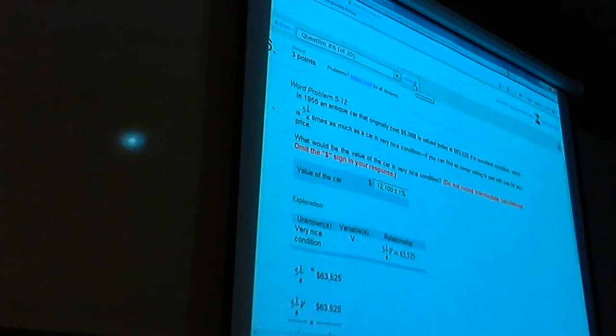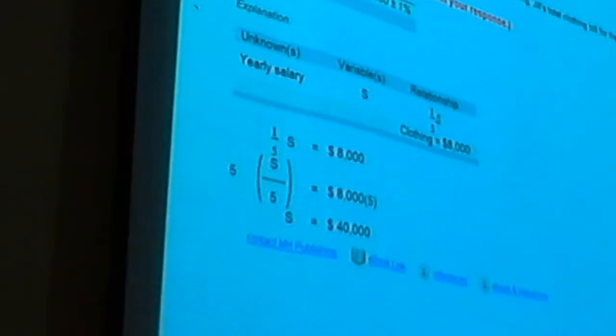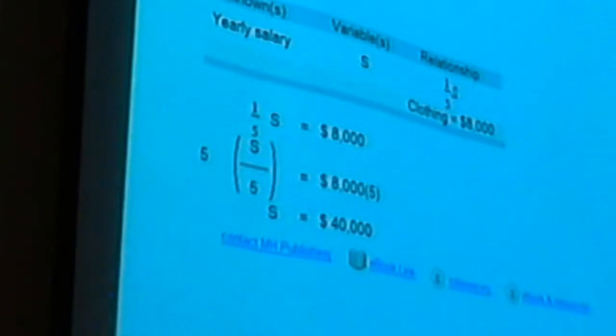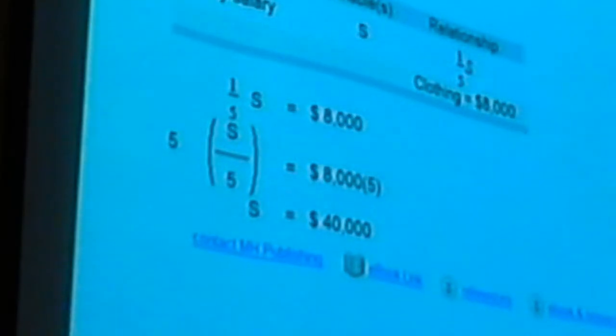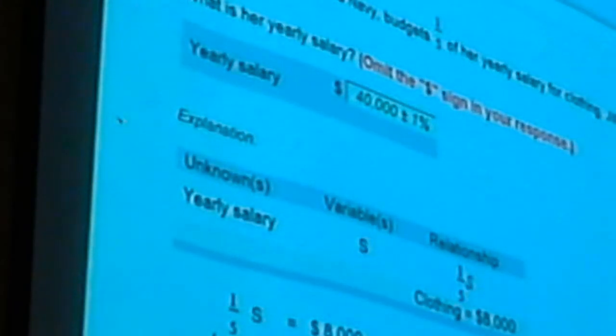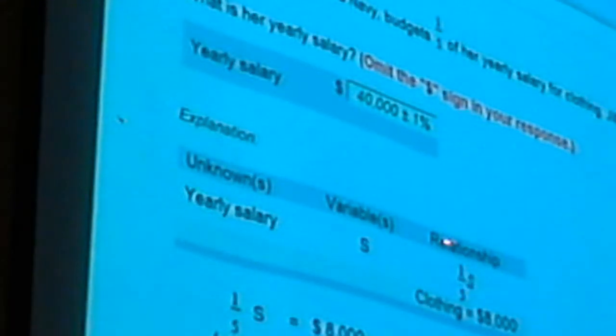Okay, number 7. This is number 7. You recognize it. The names of the store, the numbers are different. So we're in chapter 5 still. We have Jill. Jill's an employee at Old Navy.